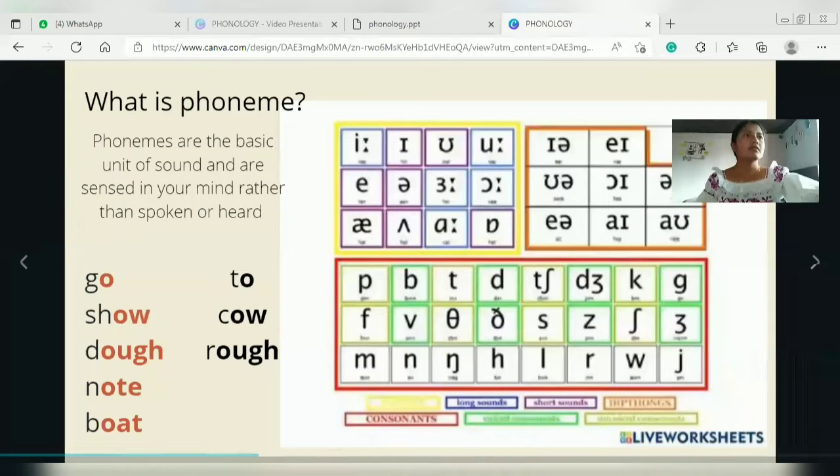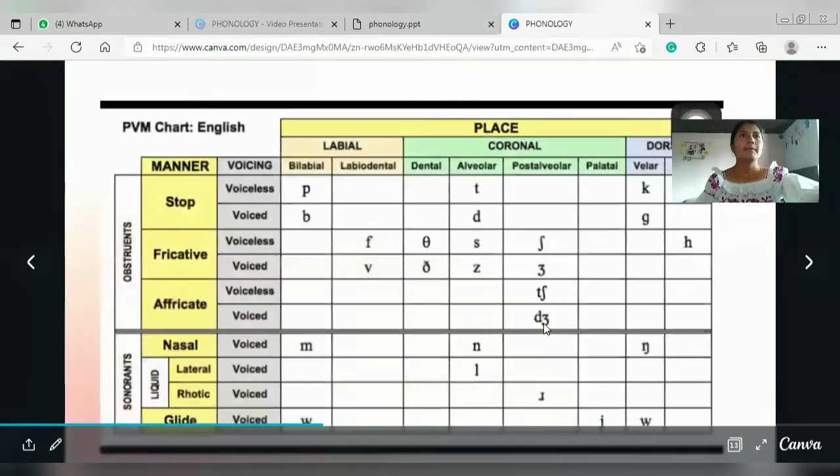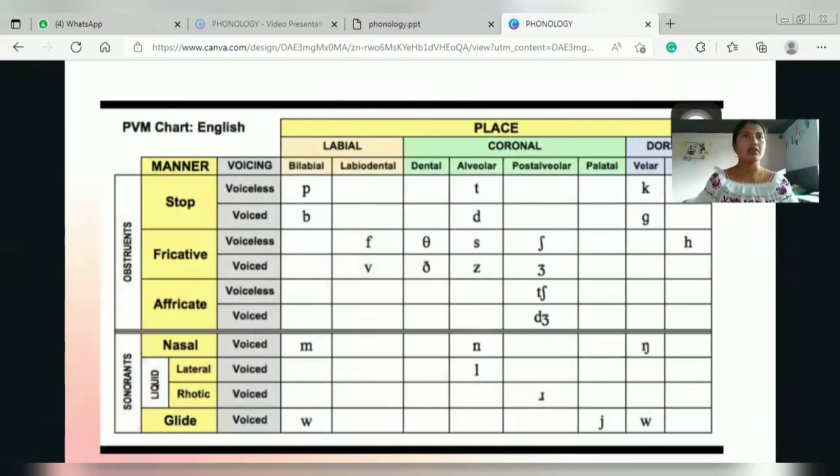Okay, so let me go to the next one. We have the phonemic chart there. This phonemic chart lets us study or understand in which part of the mouth we produce this type of sounds. For example, we have the p sound and f sound.